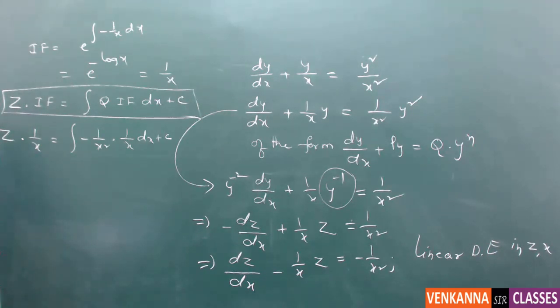I will take the other type too. For each model, I will take a problem. I don't leave any model. I am going to take the first type again. I am going to take one more problem on the first type. On the dy by dx model only, I am going to take another problem in Bernoulli. Shall I continue then?